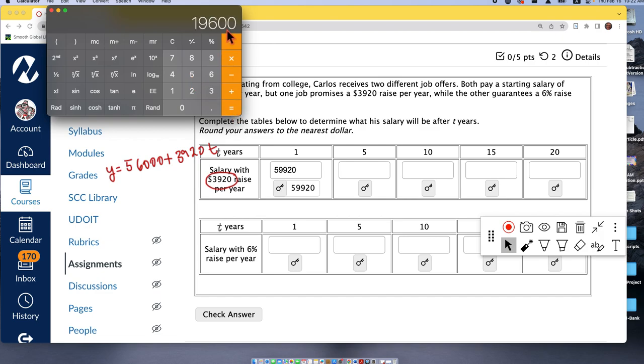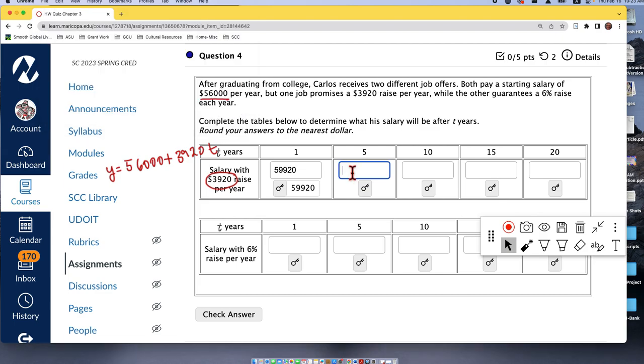So we take the multiplication first, so that was 5 times 3,920, and then add the 56,000. So now, 5 years down the road, 75,600. Nice salary.